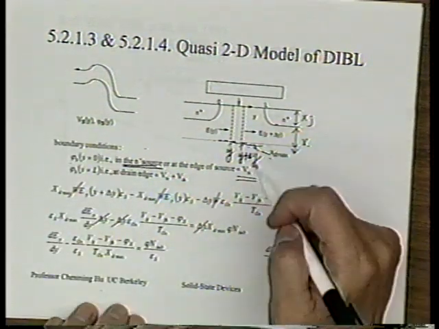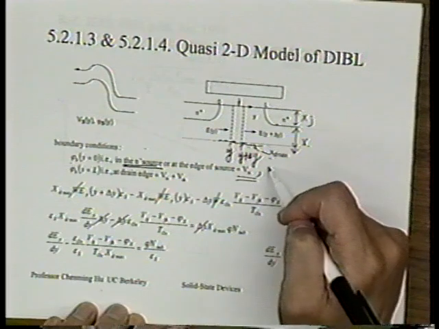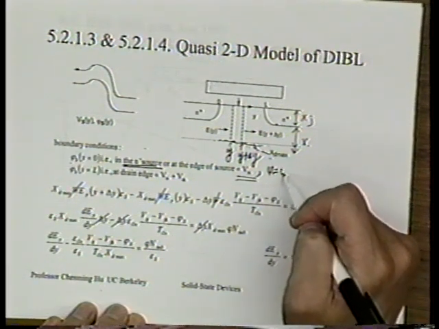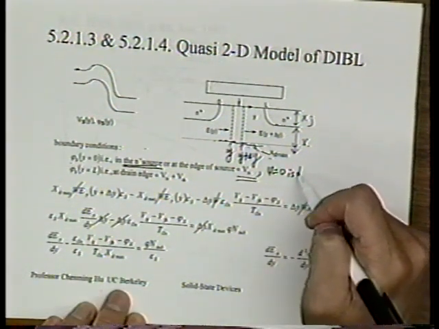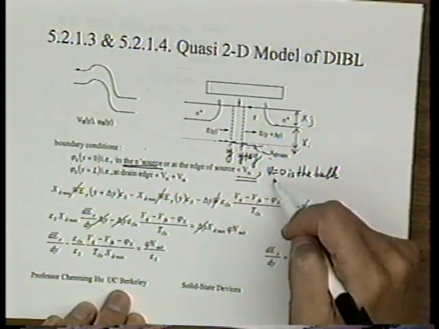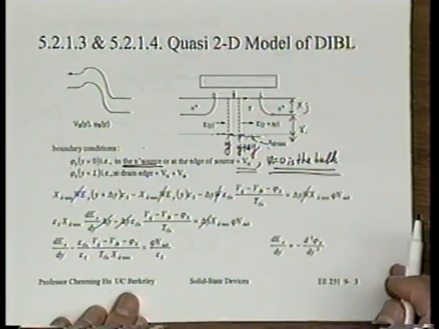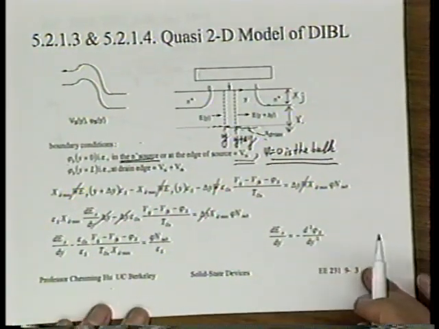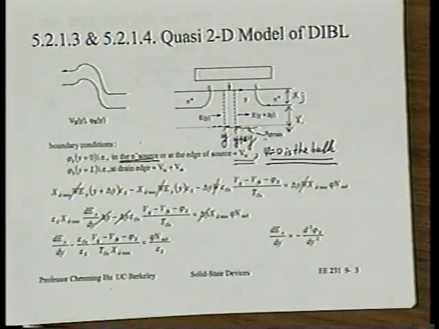And let me tell you what the reference is. Reference is phi equal to 0 in the bulk. In other words, we're using the standard definition of chapter 3, our first month of lecture. Where do we take as the reference for the potential? We always take the neutral region of the body.